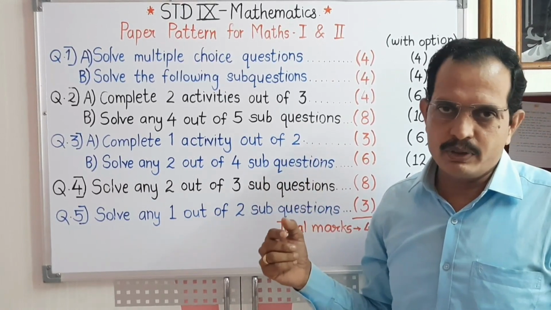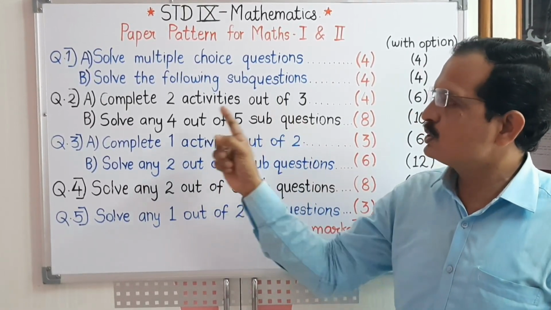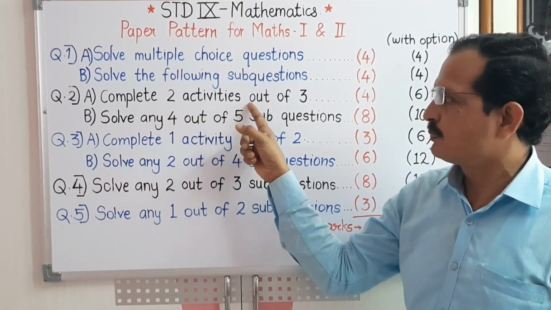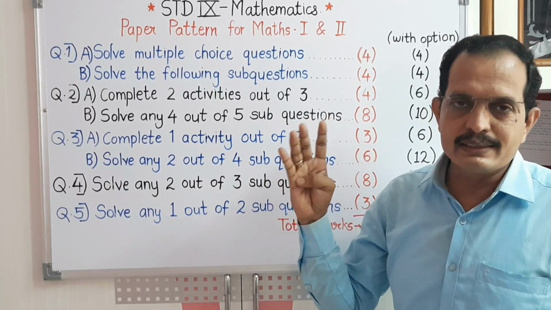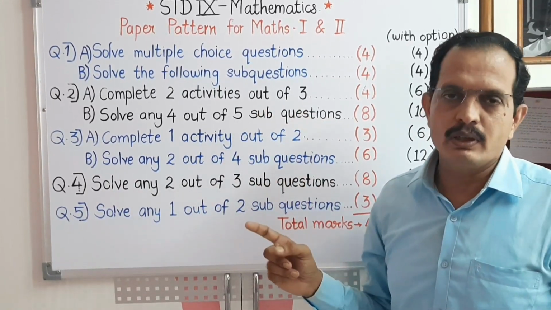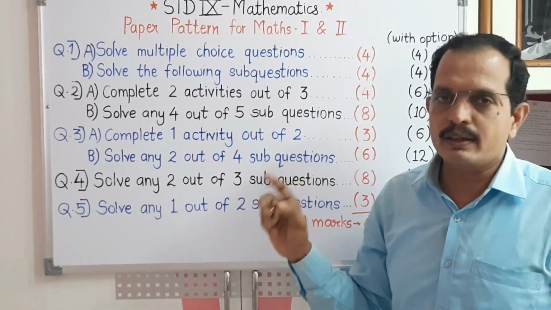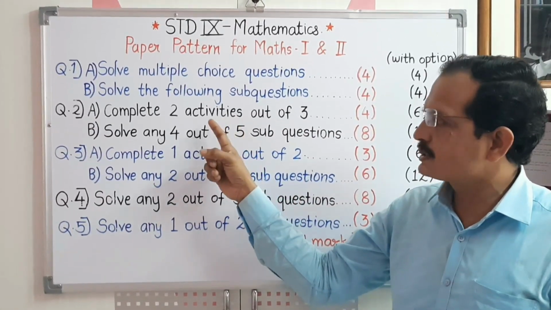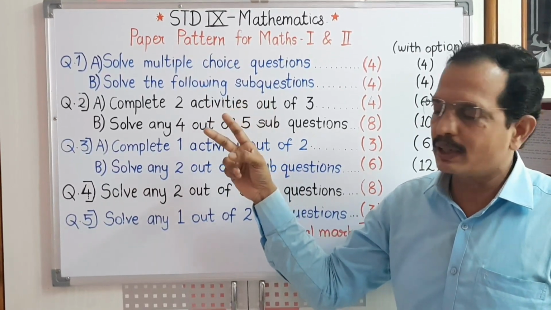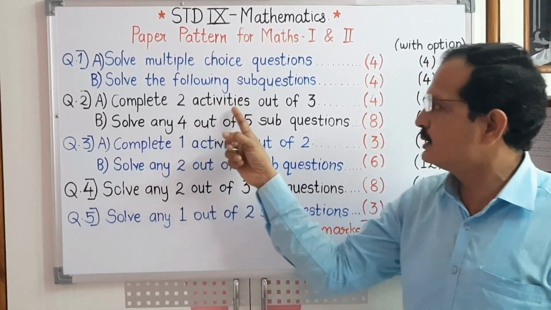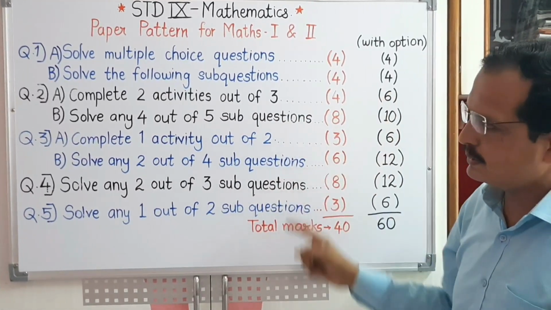Based on those activities some questions will be asked in this. In each activity exactly 4 boxes will be given and we have to fill up those boxes with the correct answer, and each box carries half a mark. Therefore, each activity carries 2 marks. We have to solve 2 activities. Therefore, question number 2A is for 4 marks.